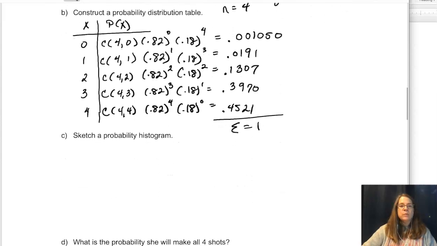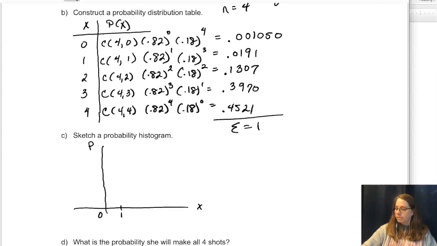We're going to use this probability distribution table to draw or sketch a probability histogram. We learned about histograms in the last section. So the x-axis stands for the value of our random variable, and the y-axis stands for its probability.